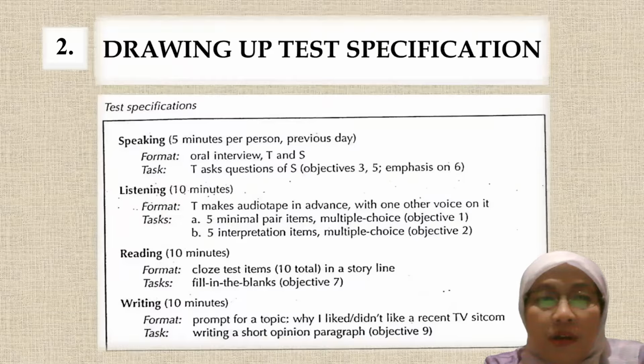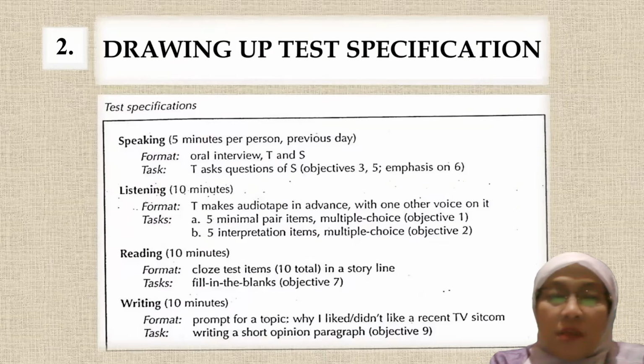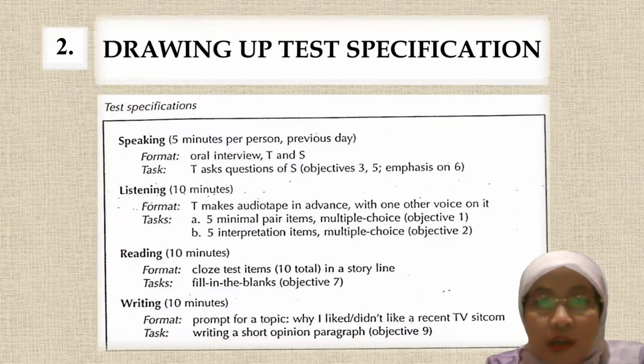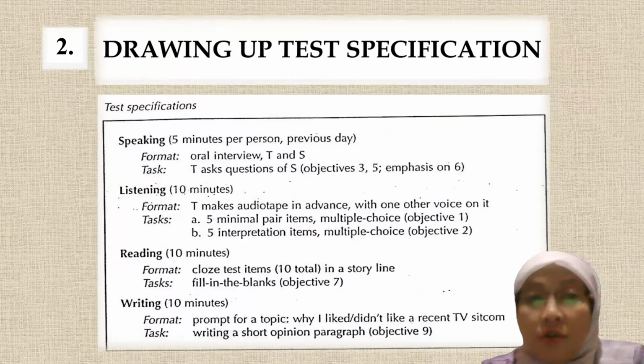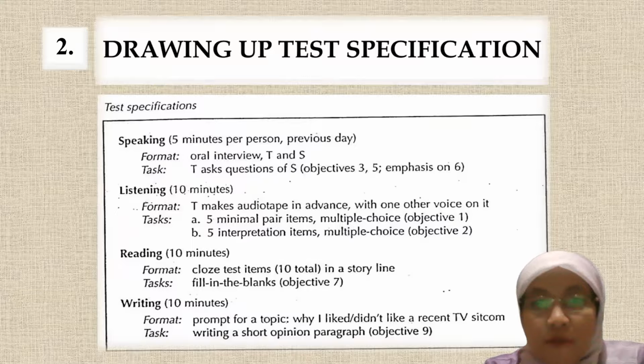So in here, the test specification, the time will be 10 minutes. The format will be the teacher will prepare audio tape in advance with one other voice on it. And then in that listening task, there will be 5 minimal pair items, multiple choice.